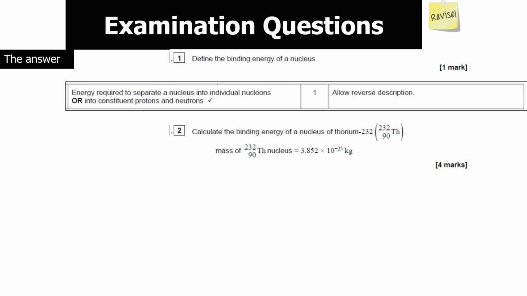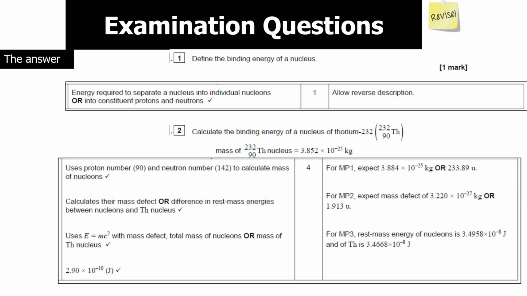Now the next question, you've got to then use the information given to work out what this binding energy could possibly be. So you know for a fact that you've got a proton number of 90 and then a neutron number of 142, because it's 232 minus 90. We can then work out the mass of the protons by multiplying it by the mass of the proton, which is given to you on the equation sheet, and multiplying that value of 142 by the mass of the neutron given to you on the equation sheet.